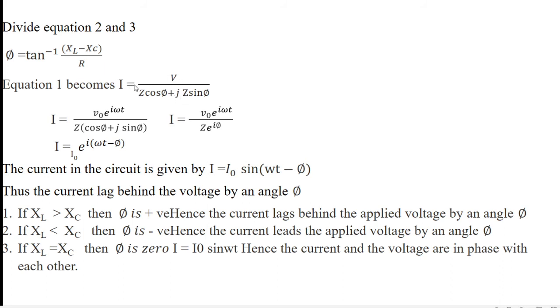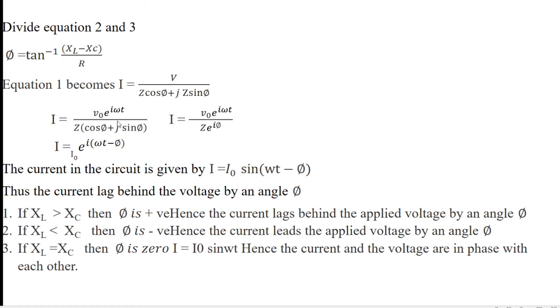Now we can take Z as common. Then I is equal to, we know the value of V, that is V naught e to the power i omega t. Then I is equal to V naught e to the power i omega t by Z into cos phi plus J sin phi. It is in complex form.